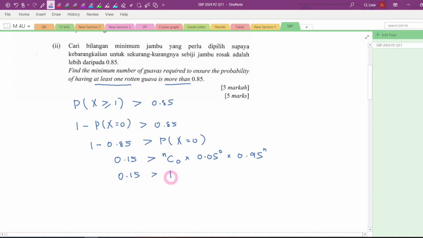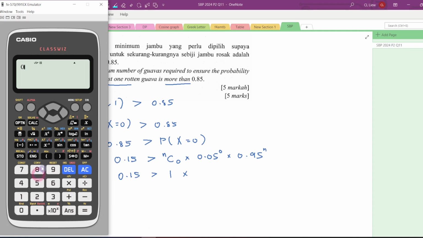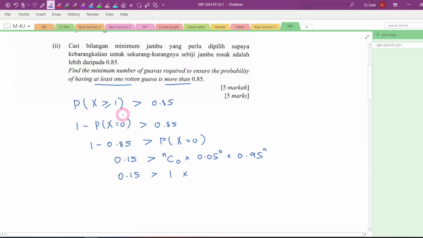Okay, let me write 1 for you. And any number raised to the power of 0 is 1, right? Except 0. If 0 is raised to the power of 0, it's different, you see, 0 raised to the power of 0, math error. This is an indeterminate form. Okay, so 0.05 raised to the power of 0 is actually equal to 1 as well. And now we are left with 0.95 raised to the power of n. Okay, so 0.15 is greater than 0.95 raised to the power of n.